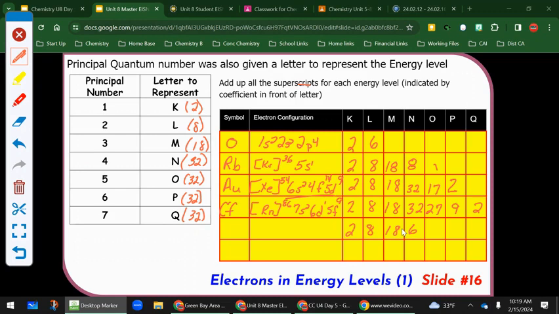Okay? So we've taken this, we've squeezed this together so that this is next to this, and that's what this represents. Right? 1, 2. So look at the periodic table.